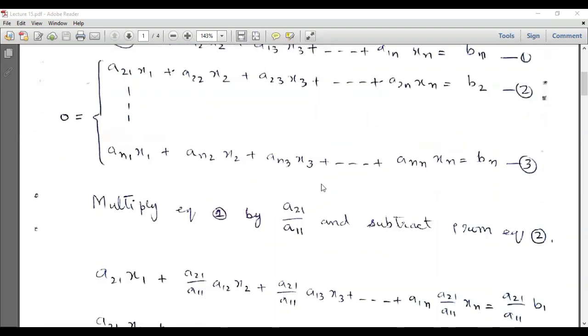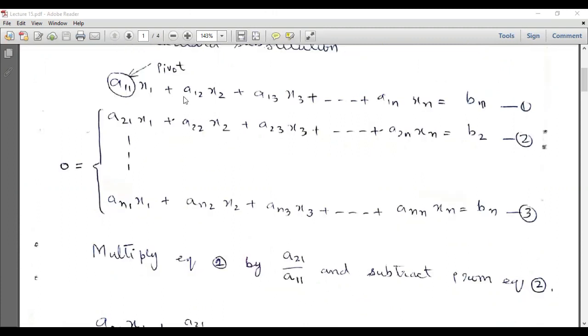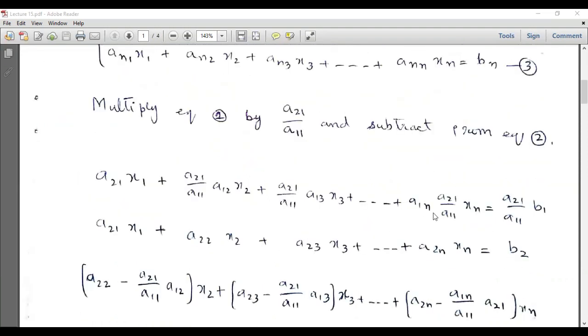My new equation becomes a21 x1 plus a21 over a11 into a12 x2 plus a21 over a11 into a13 x3 plus so on, and on the right side it becomes a21 over a11 into b1. So this is the equation that I have obtained.